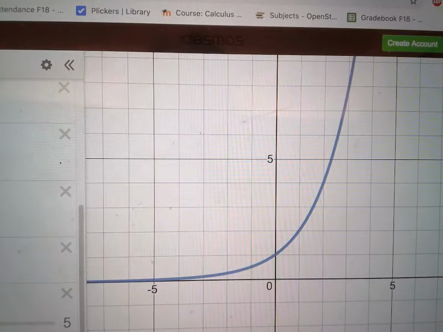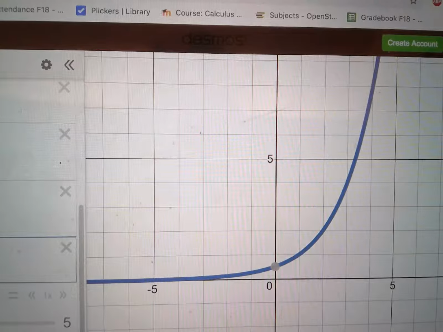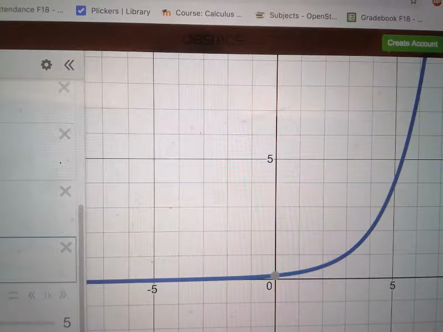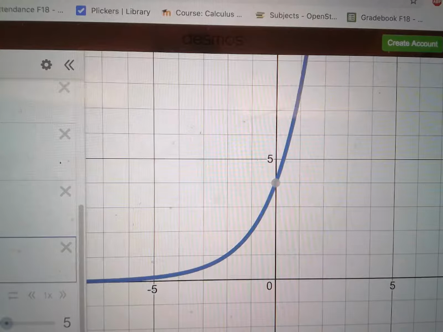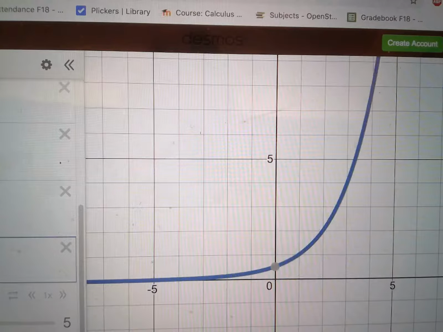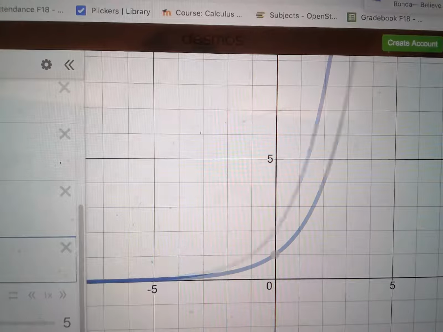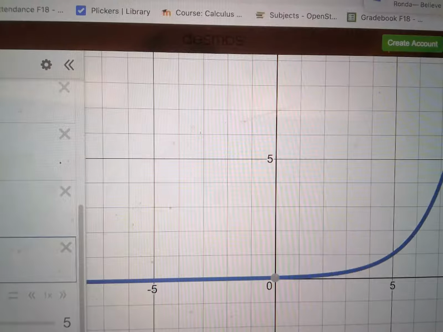This graph looks a little funny when you shift it, but you want to focus yourself on this (0, 1) point. So let me click on that point. I'm going to shift this graph with h. Now my h is positive. It's difficult to see here, but let me stop it at 1.